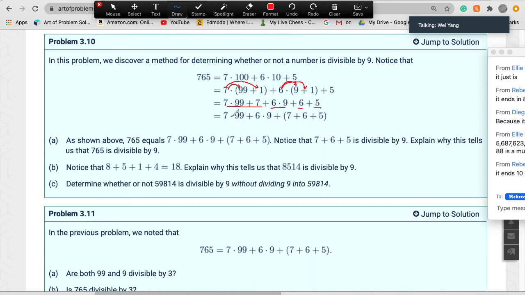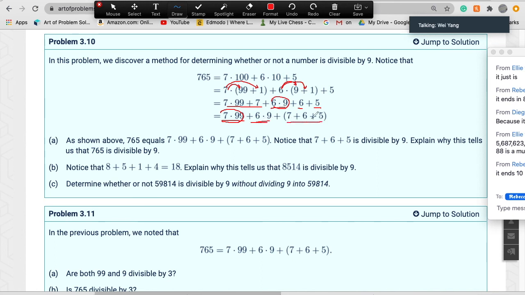Then you move these terms, and the number you are left with is 7 plus 6 plus 5. Let's check these terms one by one. This number is divisible by 9, right? This number is also divisible by 9.